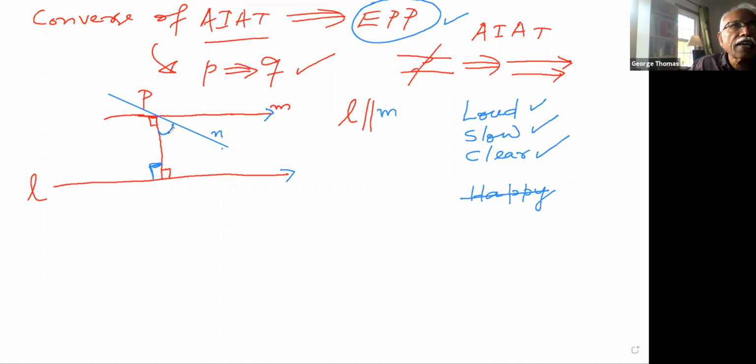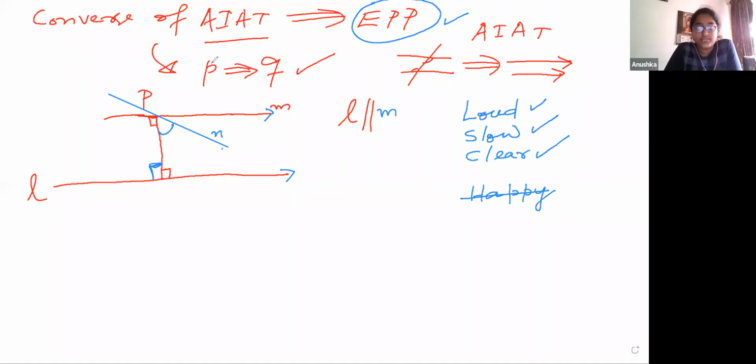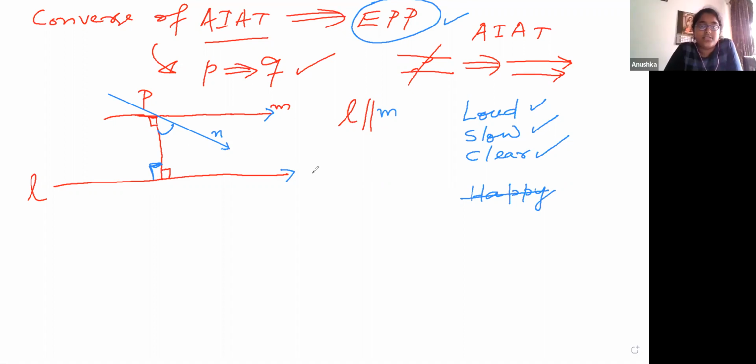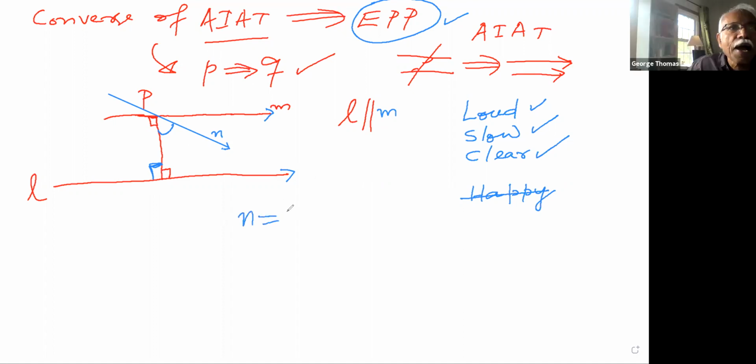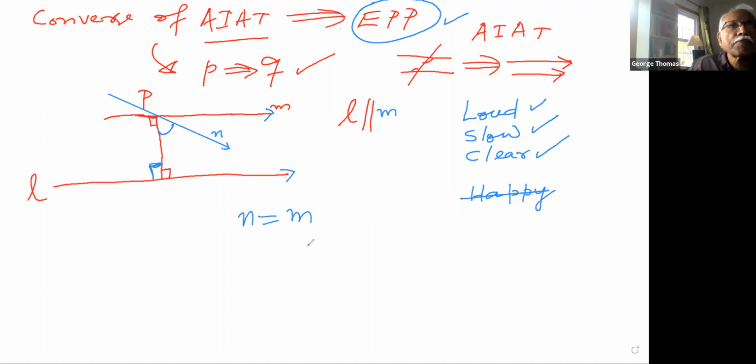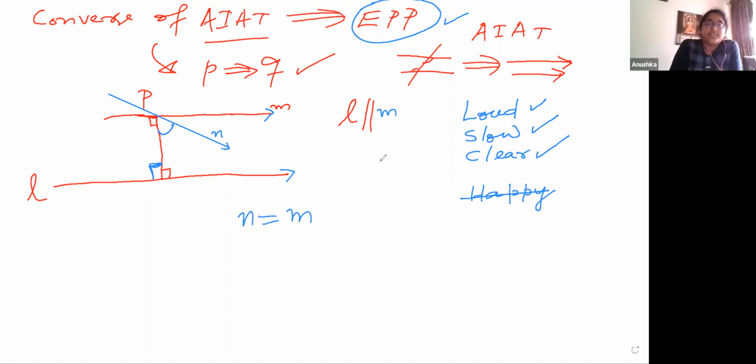So this angle has to be 90 degrees, agreed? Yes. If you are assuming the converse of AIAT, if this is parallel to L, this angle must equal this angle, agreed? Yes. Therefore, N equals M. That's a contradiction. Is that what you all got? There is only one parallel. That means EPP. Is that what you all got? Yes. Yes, Raghav? All right.